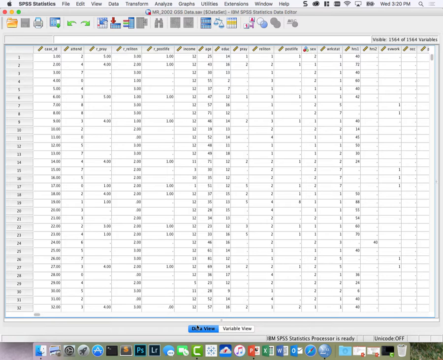When we first started doing multiple regression, the dependent variable we were looking at was religious service attendance. Then we had half a dozen different independent variables. One of those was income.